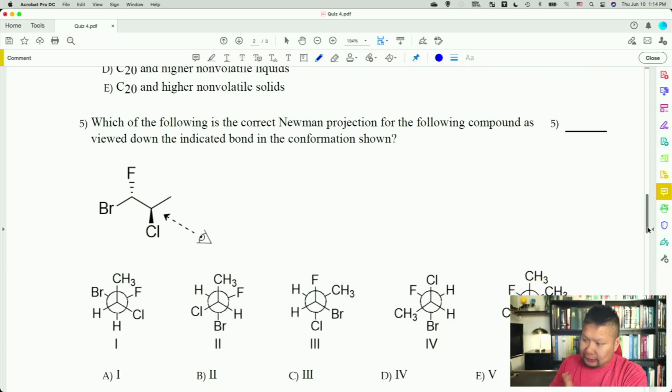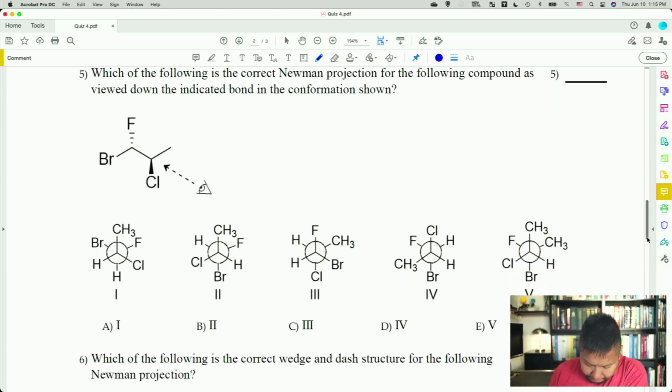Which of the following is the correct Newman projection for the following compound as viewed from the indicated bond in the conformation shown? As your eye is looking down this bond axis, pretend that your eye is actually in the sheet of paper, looking down that bond axis.